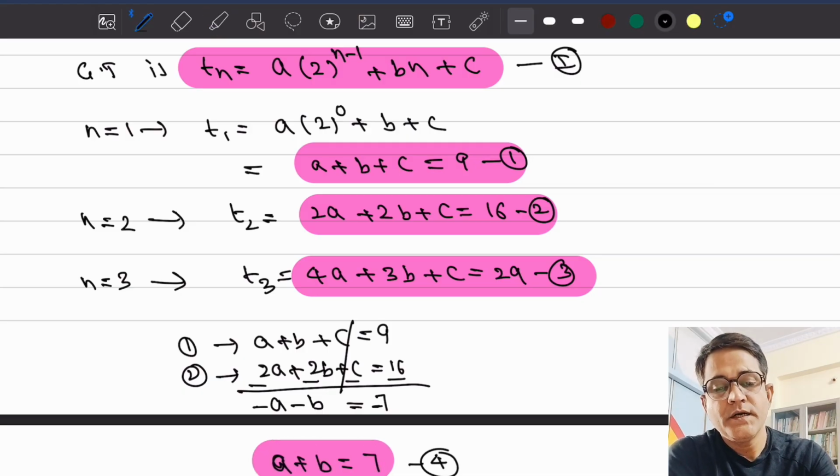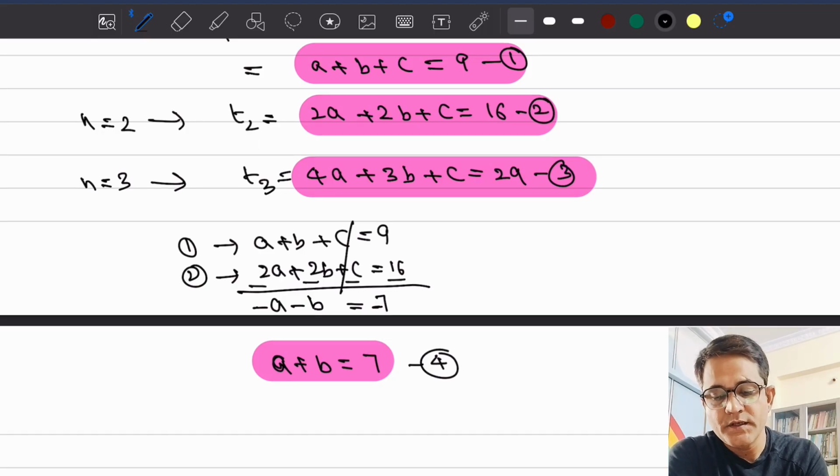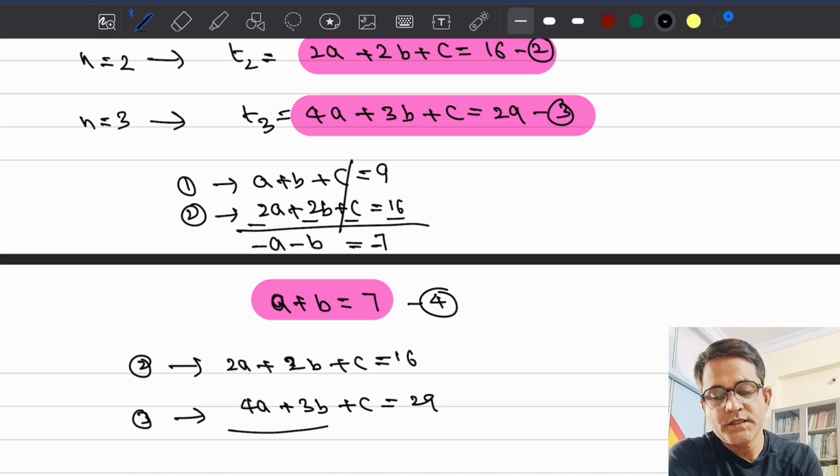Now from second and third, eliminate C. The second equation is 2A plus 2B plus C is equal to 16. The third one is 4A plus 3B plus C is equal to 29. From these two equations, again subtract.